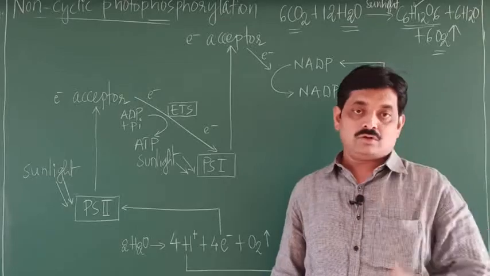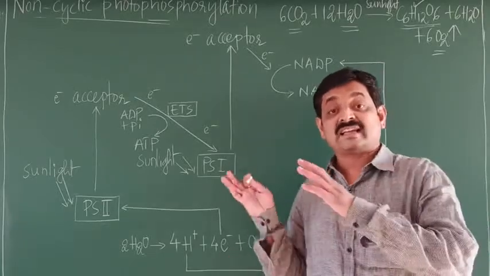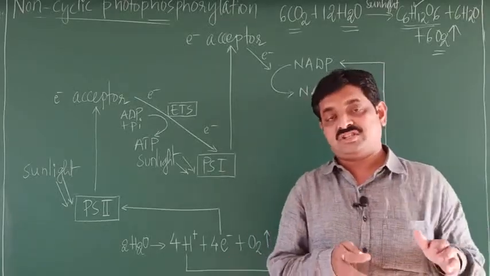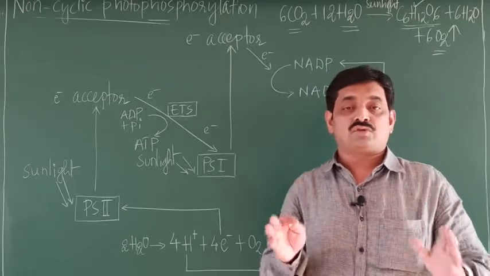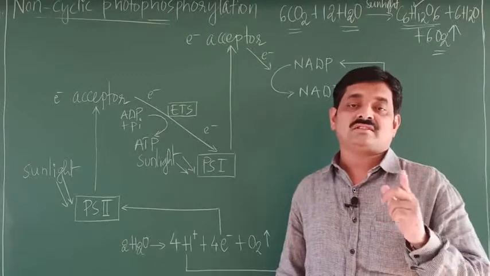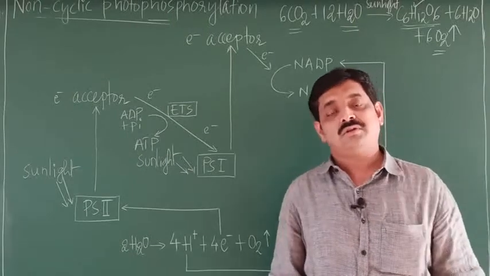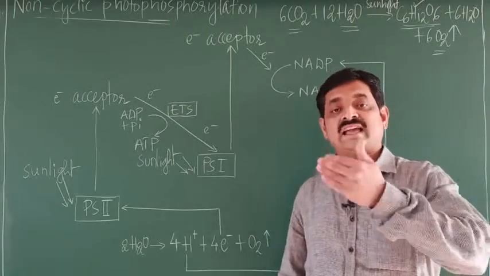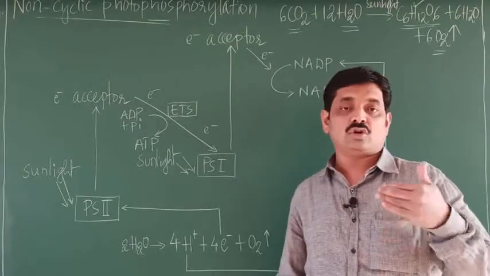Electrons are not cycled back to the starting point, that is photosystem 2. That's why it is called non-cyclic photophosphorylation, because electrons are not cycled back.